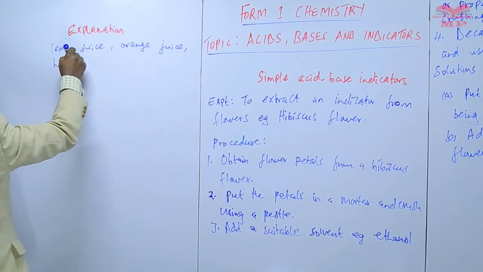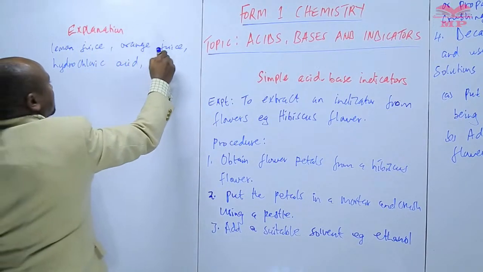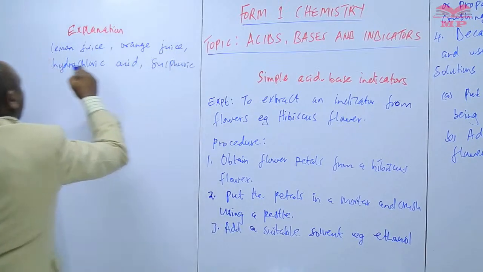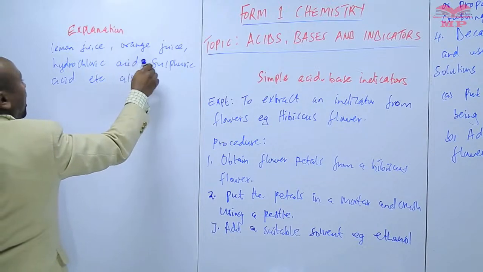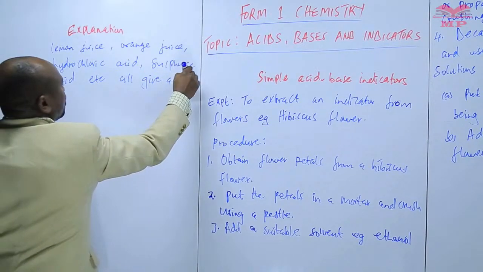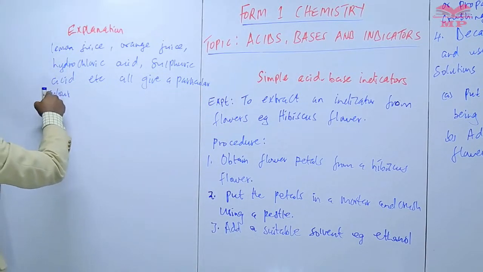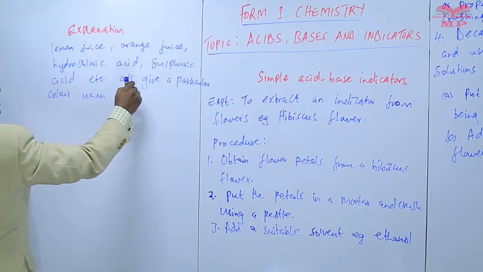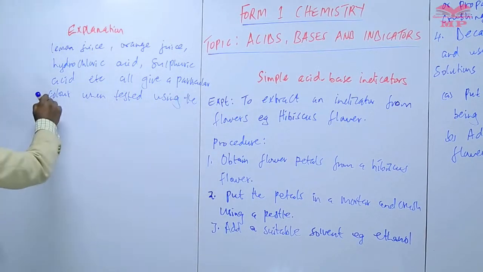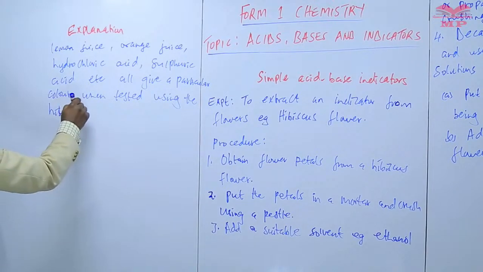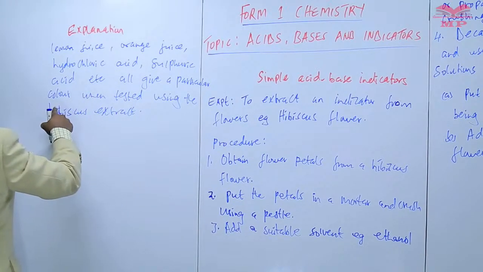We can have all these examples: hydrochloric acid, sulfuric acid, etc. All give a particular color when tested using the hibiscus extract. So all of them will give a specific color, let's say, for example, color red.